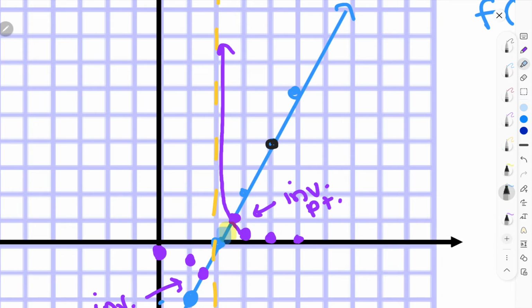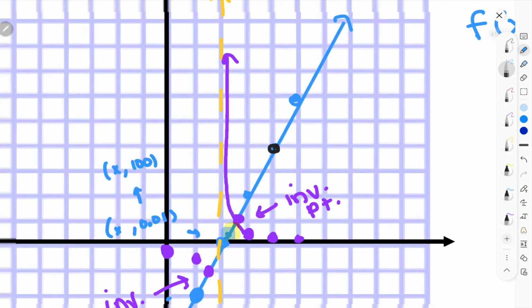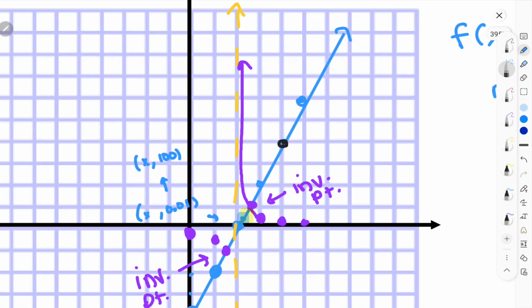At some point in here, there's a tiny decimal value that has a y value of like 0.01. So when I take the reciprocal, 1 over 0.01, it's going to give us 100. So it's going to shoot up towards really, really positive y values. So that's how I can draw that trend in there.